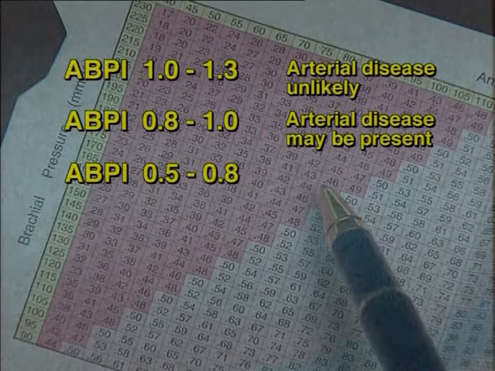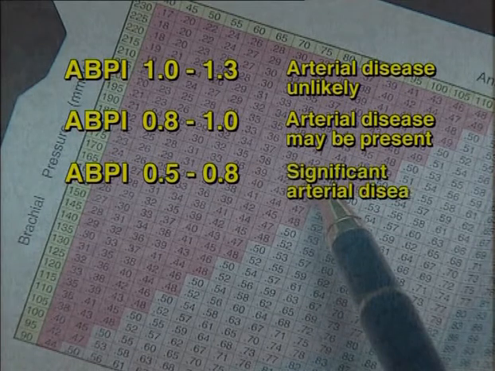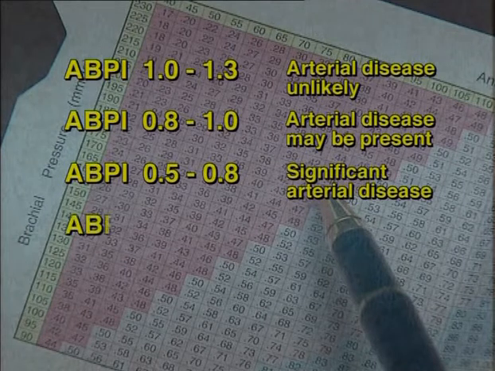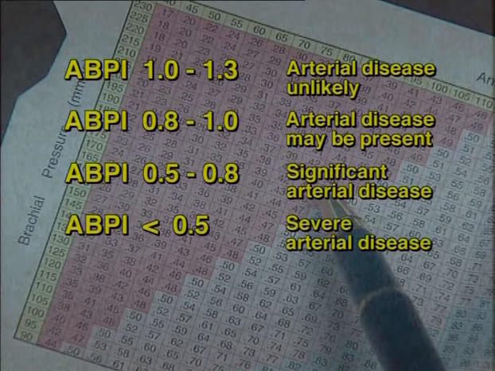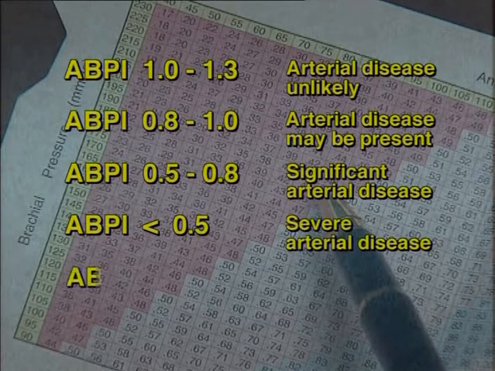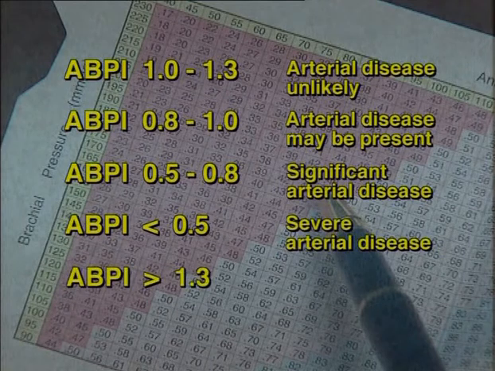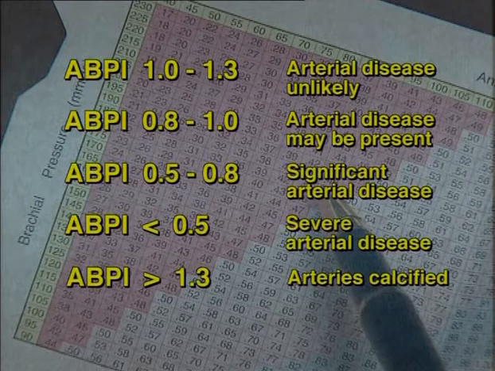If the ABPI is between 0.5 and 0.8, significant peripheral arterial disease is present. If it is less than 0.5, then severe arterial disease is present, requiring urgent attention. If the reading is greater than 1.3, arteries are calcified and non-compressible. Therefore, this test is not valid.